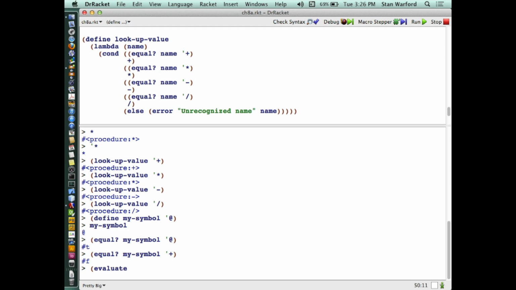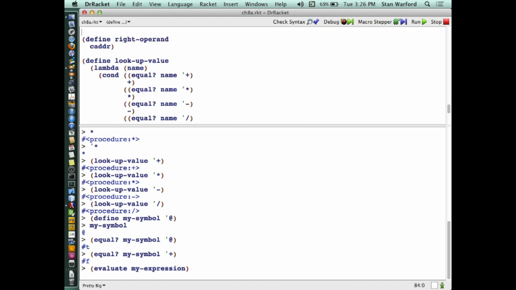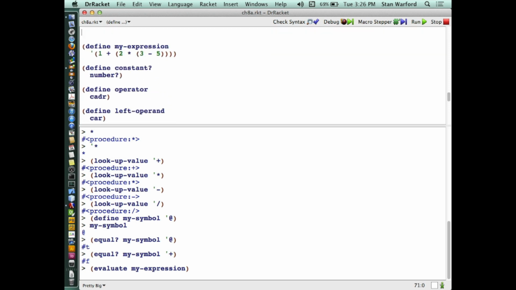Evaluate my expression. And what should come out? Do you remember what my expression was? Here, let's go up. There it is.